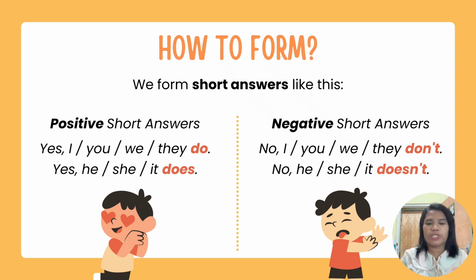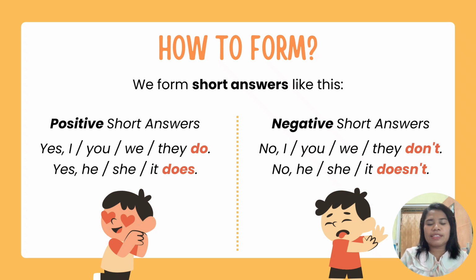So here's the question: what will you do when someone asks you a question like that? Here's the answer. We should give a short answer like this. For the positive short answer, we can say yes, I do, yes, you do, yes, we do, or yes, they do.